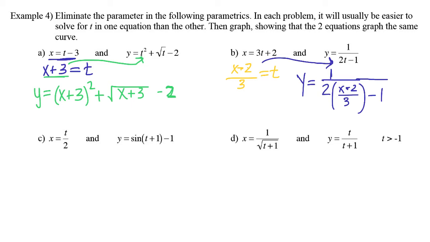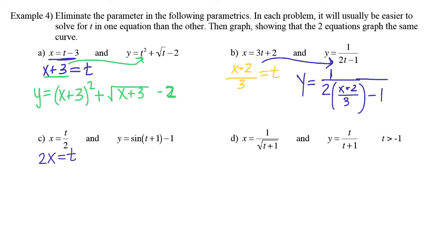Okay, so for part C, carrying on the same thing that we've been doing, we will be eliminating a parameter. So it looks like in this one, what we're going to do is end up multiplying both sides by 2. And if I do that, I have 2x is equal to t.